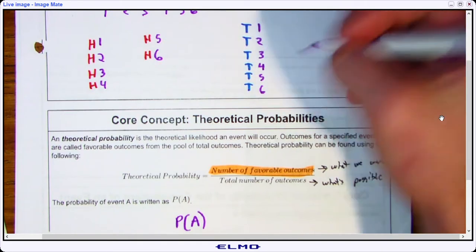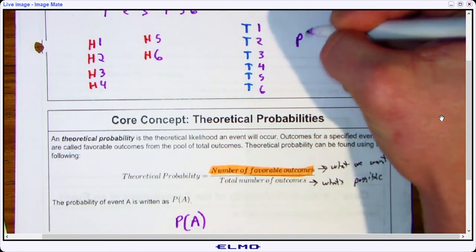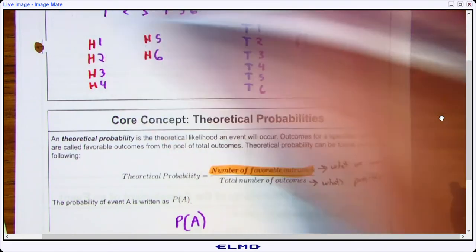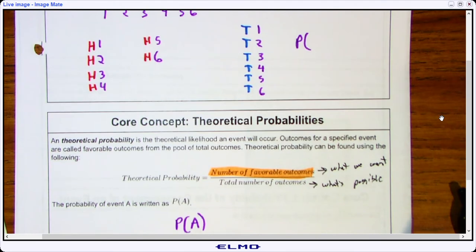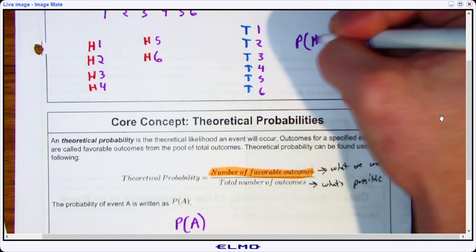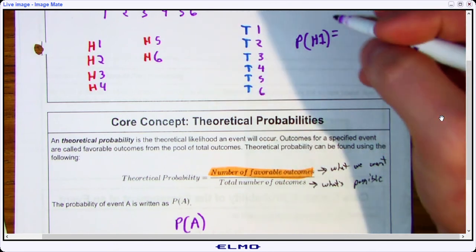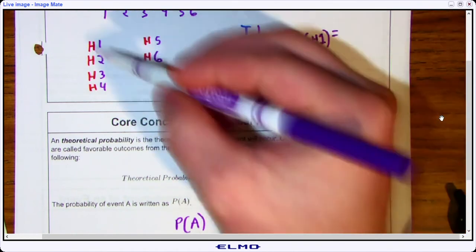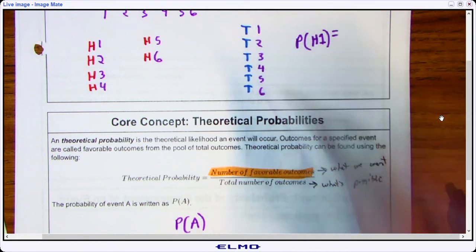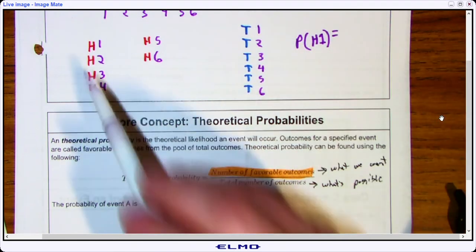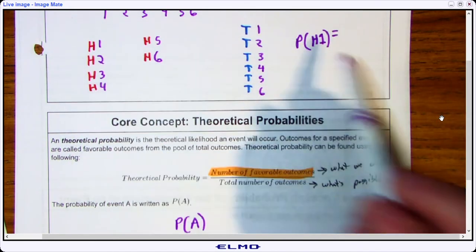So if I wanted to know here the probability of H1, of flipping a heads and then rolling a 1, so probability of H1, that would be equal to, well, this can only happen one way, right? That's our number of favorable outcomes. There's only one way we get an H1.